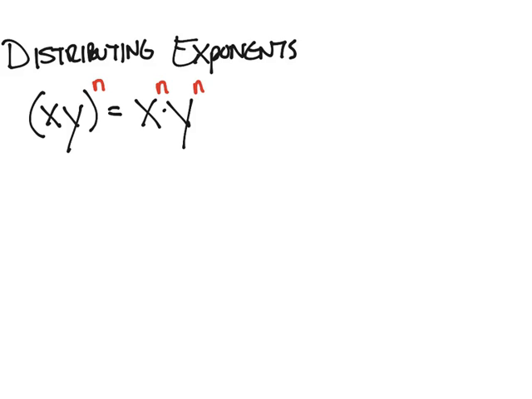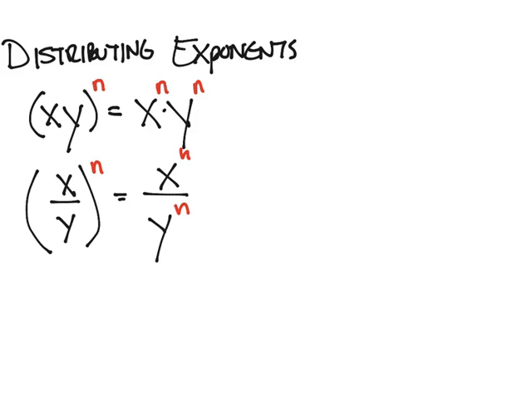This also works for division. (x divided by y) to the n power is equal to x to the n power divided by y to the n power. In this case, we've distributed the value to each of the factors inside the parentheses.